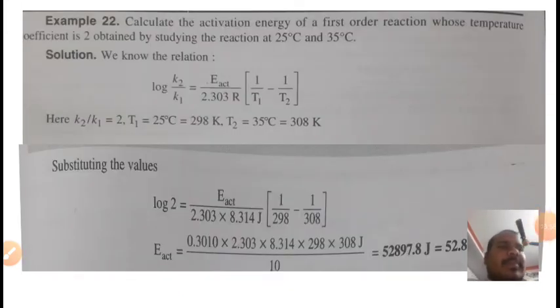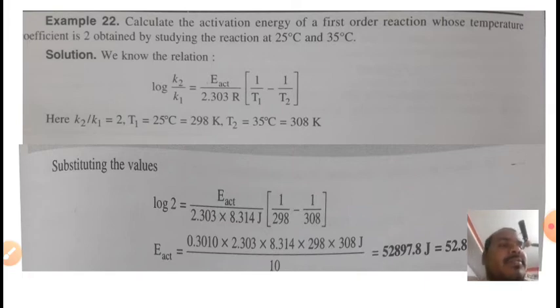Here I am explaining 2 or 3 problems which are based on the Arrhenius equation. The first problem is: calculate the activation energy of a first order reaction whose temperature coefficient is 2, obtained by studying the reaction at 25 degrees centigrade and 35 degrees centigrade.